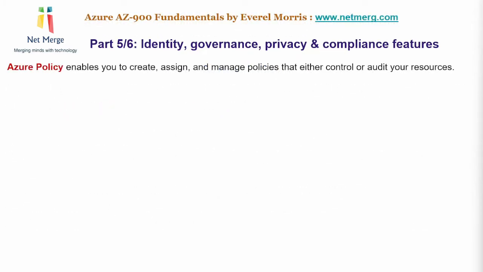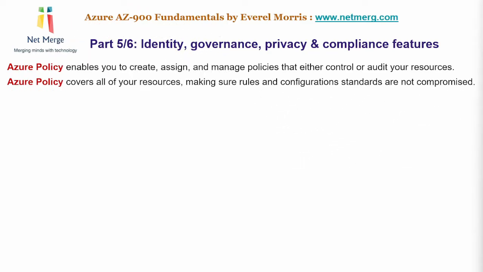So now let's take a deeper look at Azure Policy. It enables you to create, assign, and manage policies that either control or audit your resources in Azure. And Azure Policy can manage and cover all your resources on a global scale, a wide scale, an enterprise scale. So you could use it and scale it out across your entire organization.